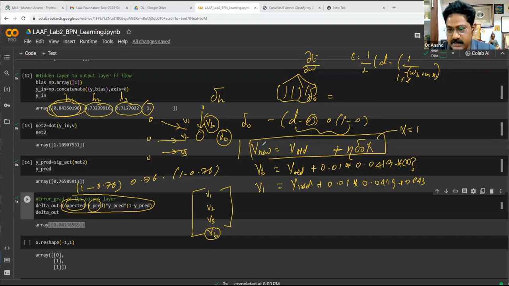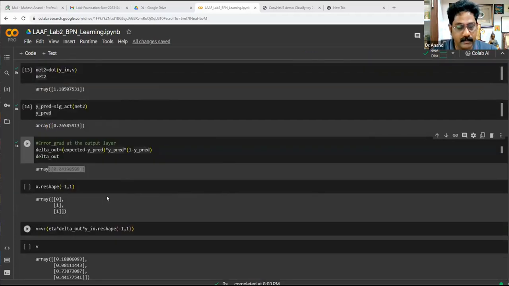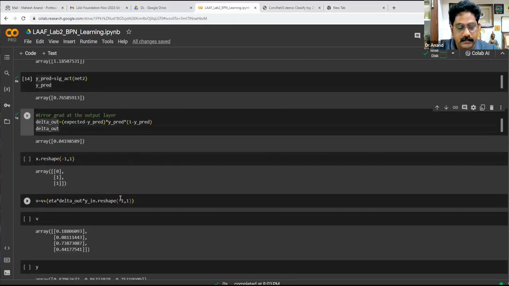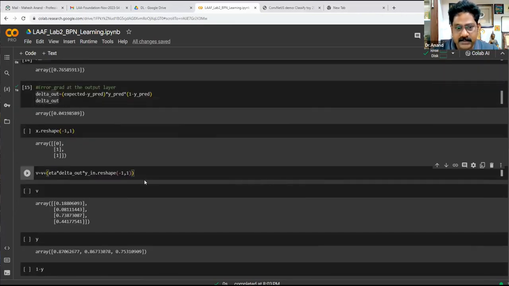You understood the calculation? So we are going to adjust using the error delta O, and update the weight matrix. Let us update the V matrix. I hope all of you are getting the same value. If you are getting a different value, share it with me. So we were supposed to do this calculation.